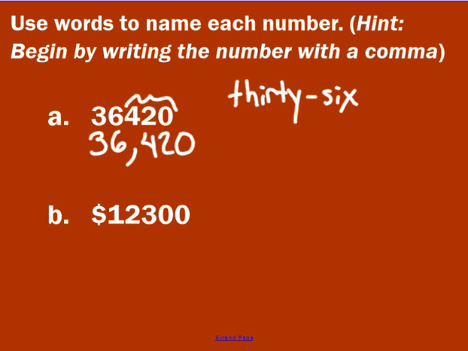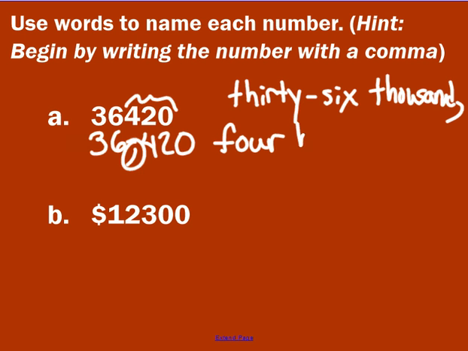The hundreds, the billions, thousands, so 1,000. And because there's a comma, I still need to distinguish between the thousands place value and the tens or hundreds or any digits that follows. 36,420.